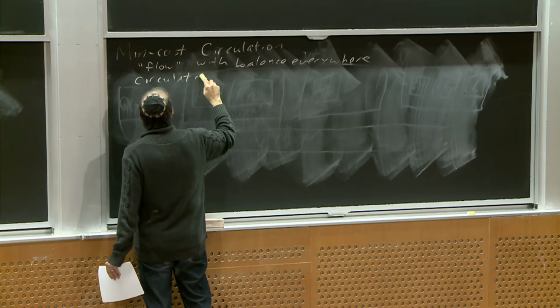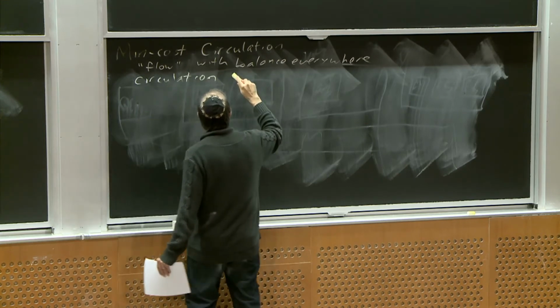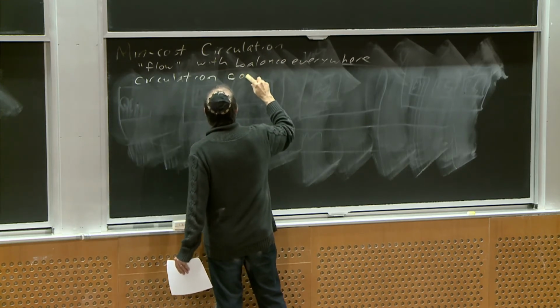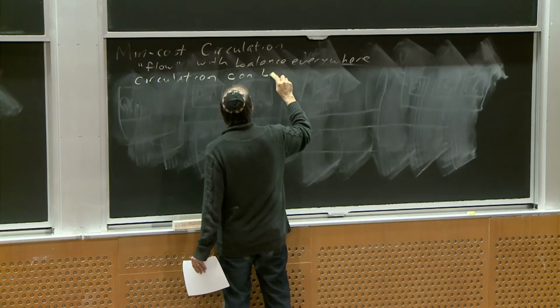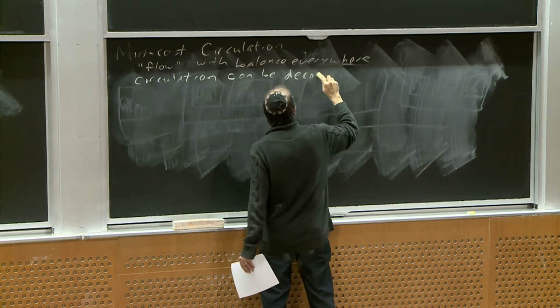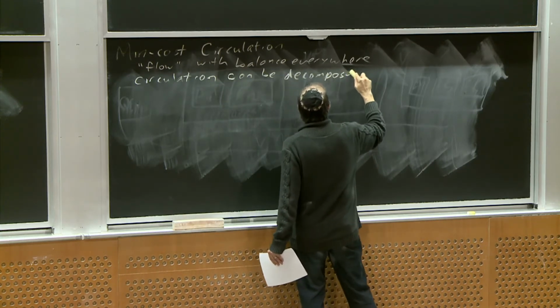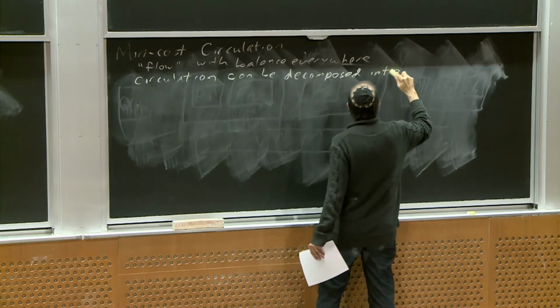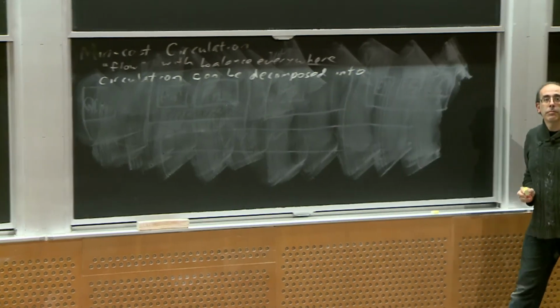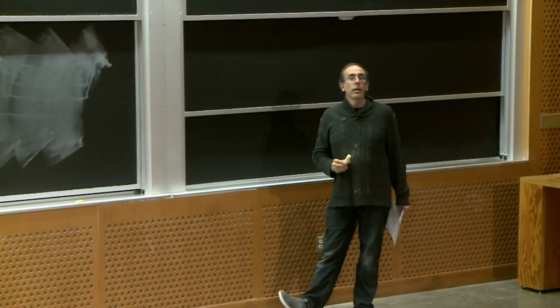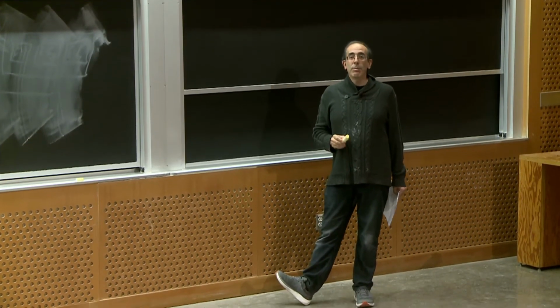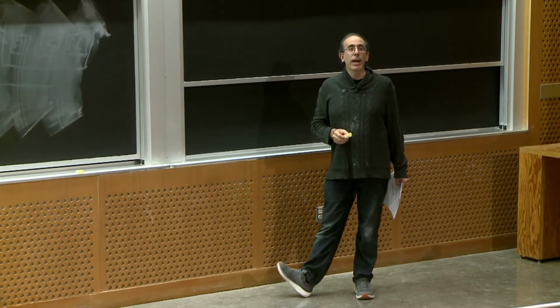We talk about flow decomposition into paths and cycles. What's the decomposition of a circulation? Right, if you run our flow decomposition algorithm on a circulation, what do you get?